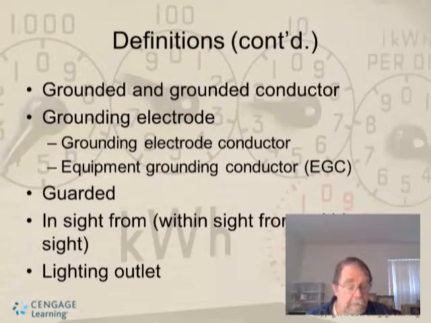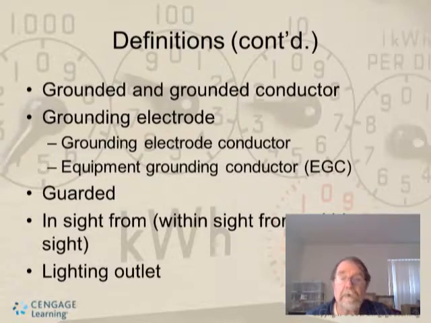If you look at page 21, you can see the conductor is basically the letter G, which is the grounding electrode conductor, a conductor used to connect the system grounded conductor or the equipment to a grounding electrode. And then the grounding electrode is a conducting object that establishes a direct connection with the earth.